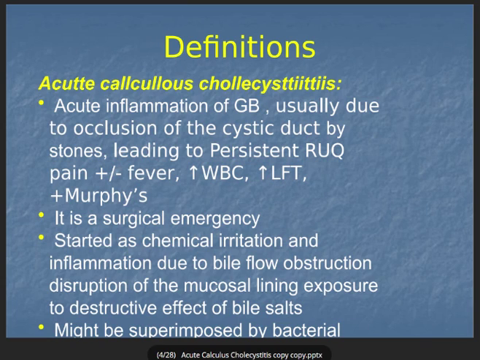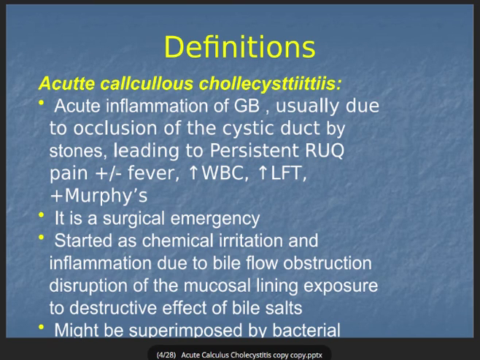How does the stone obstruct? As we said, when you eat, CCK contracts the gallbladder, so the stone moves with the bile to try and get out of the gallbladder. If the stone is very small, it will come out through the cystic duct into the common bile duct and exit from the ampulla, and this happens a lot; many times it's normal.